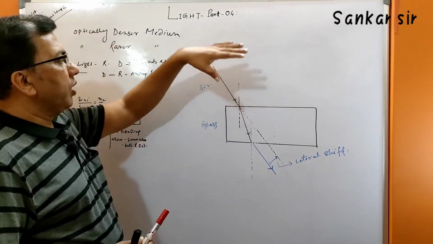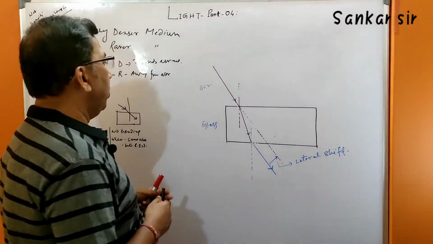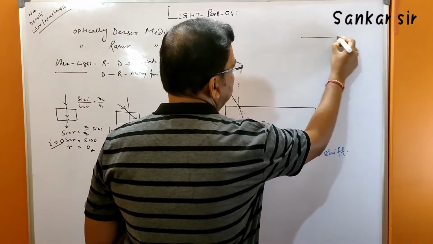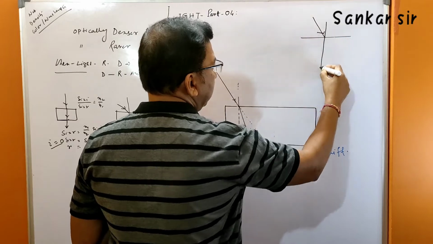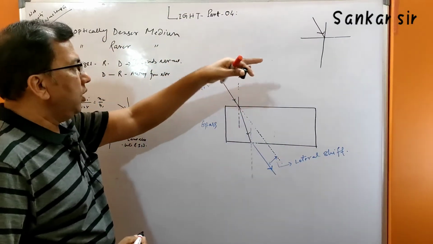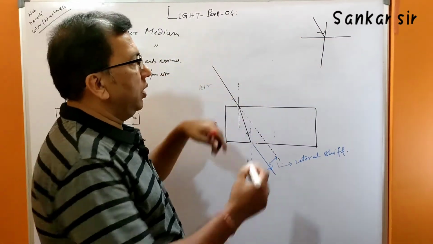And what you see, when light enters from a rarer to a denser medium, this is the normal, then the bending of light is in which direction? Towards the normal.